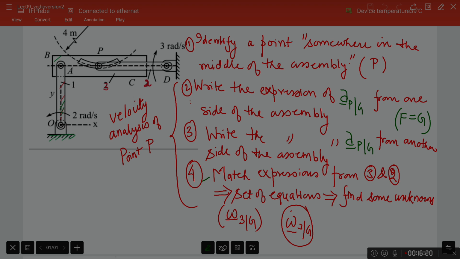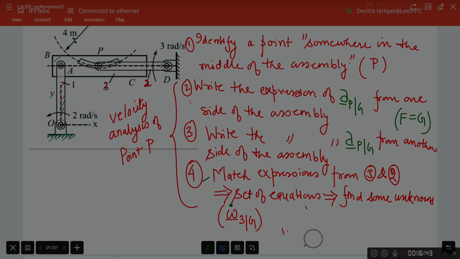Again, that will give us a set of equations with the help of which we can find some unknowns, and the hope is that now, with the equations obtained by matching accelerations, you will be able to find omega dot 3g.